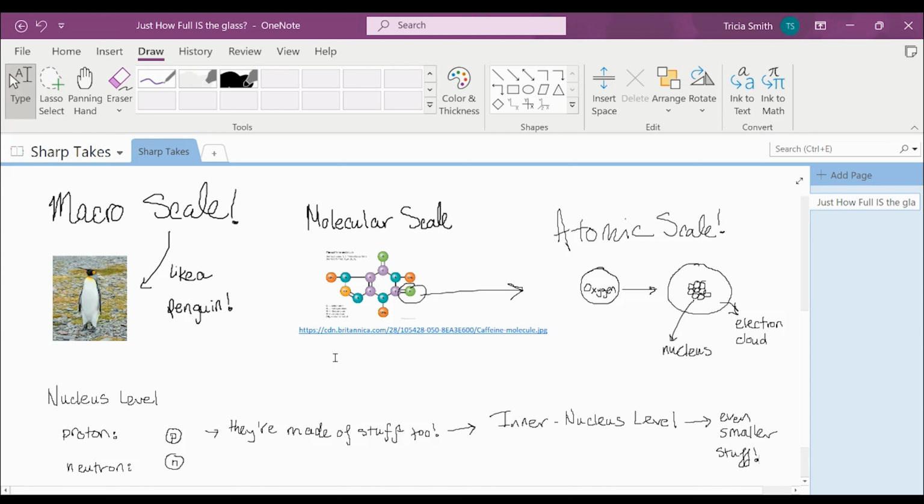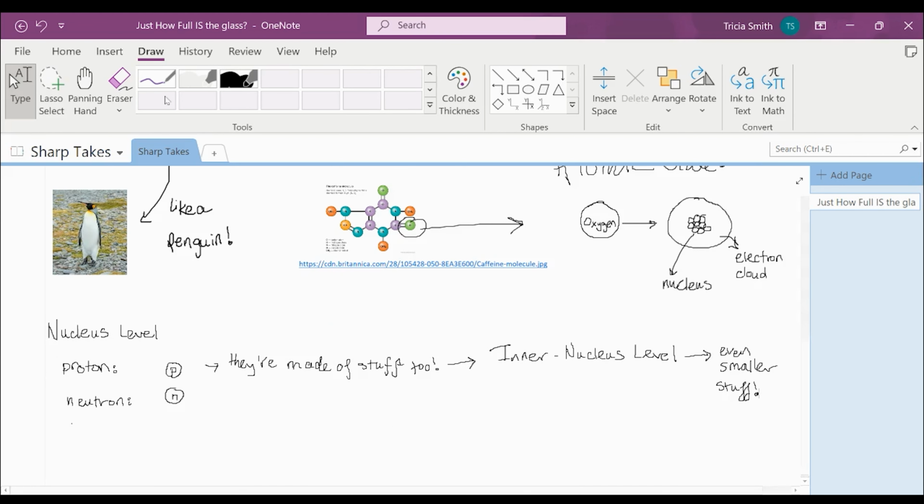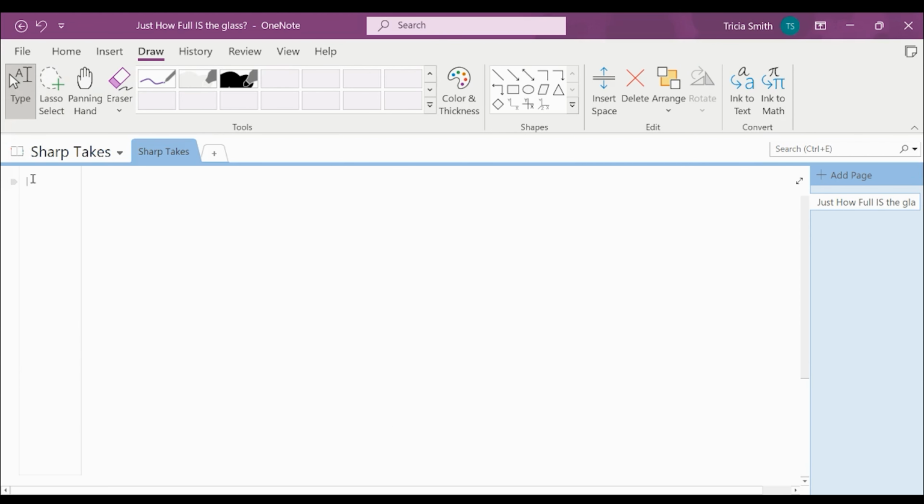The next question to briefly consider, of course, is the glass itself. Due to the seemingly infinite variations the glass can provide for this question, I prefer to set such boundaries now. The glass is perfectly cylindrical, much more perfect than what I'm drawing right now.